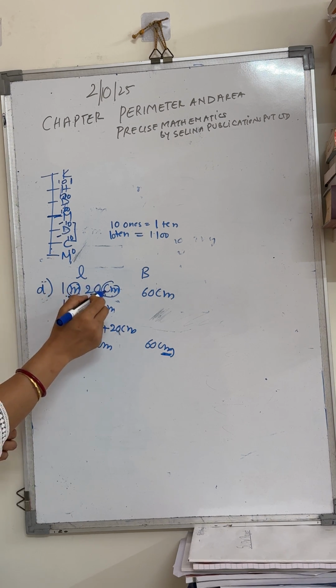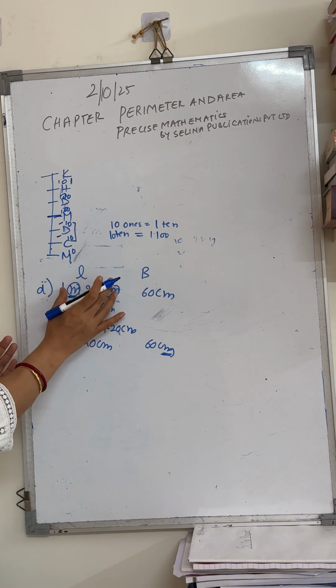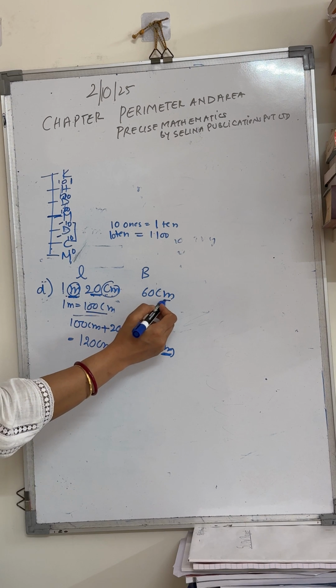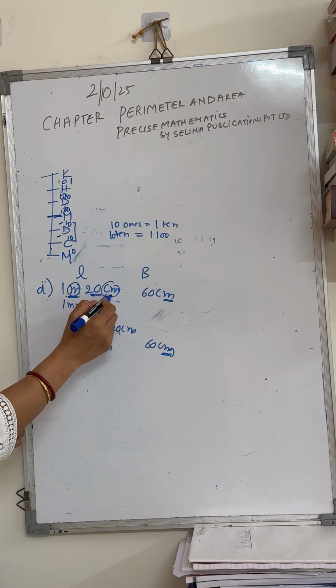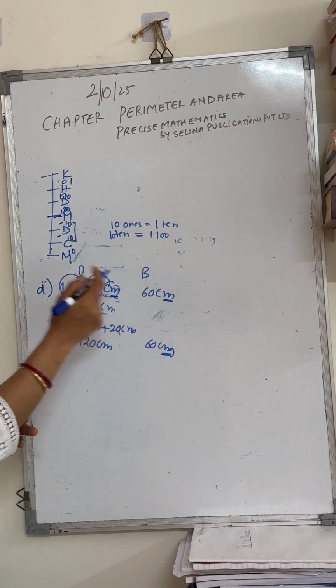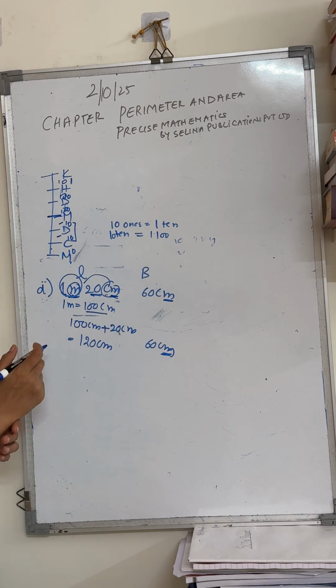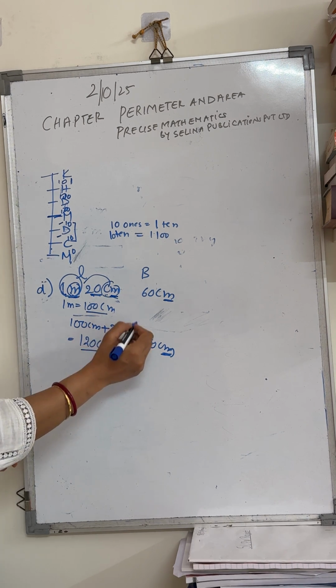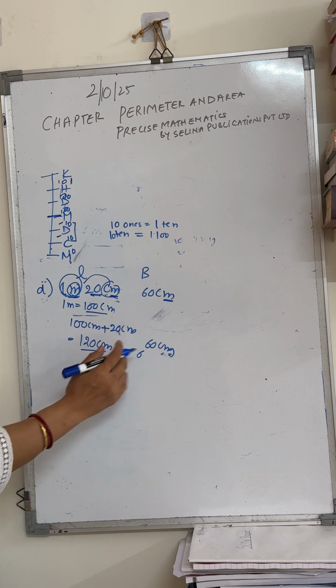One was meter, then centimeter put together, so you have to combine this into one. You can either make it meter or you can make it centimeter. But see, here also it's centimeter, here also centimeter, here meter. So it's better to convert this into centimeter because the majority of them are in centimeters. So we got 120 centimeter and 60 centimeter as the length and breadth.